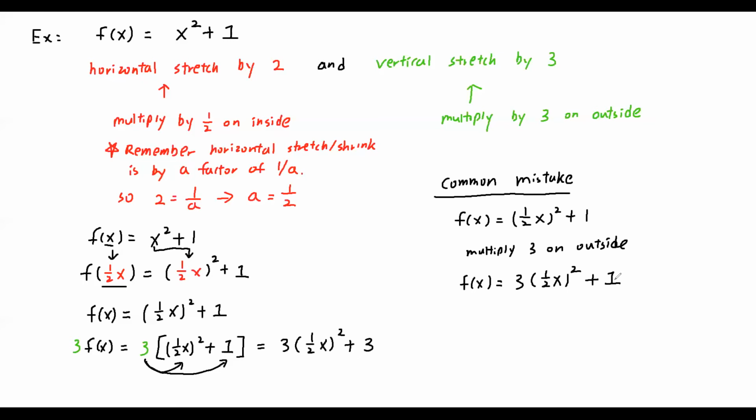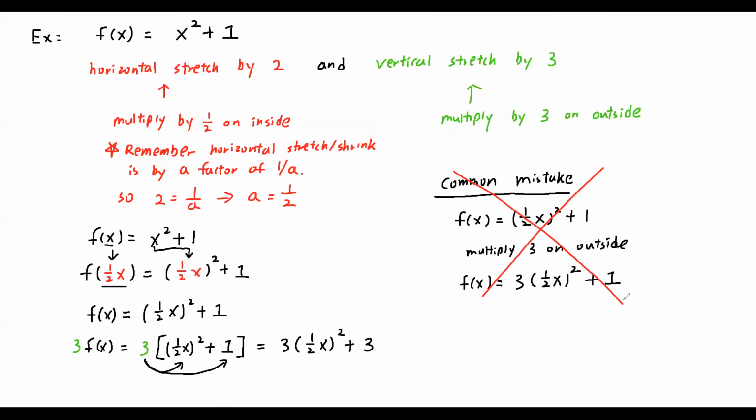Realize how if we focus too much on the right side, we will just put a 3 on the outside of the x term, whereas we should have put 3 on the outside of the whole function, meaning 3 needs to multiply the whole function and not just the x term. So make sure we always focus on the left side of the notation instead of jumping straight into the right side, because you will make a mistake for sure.